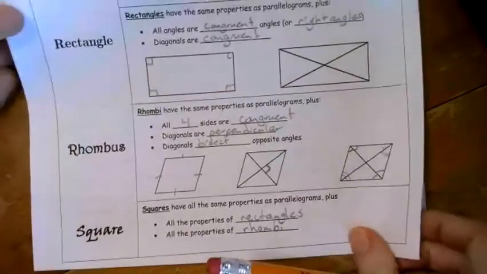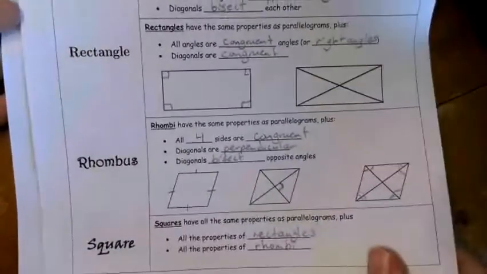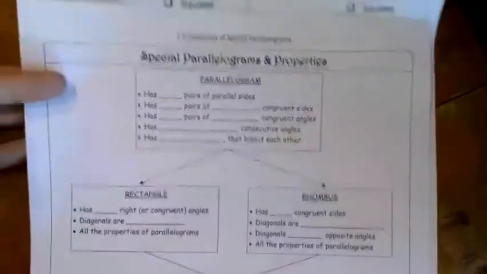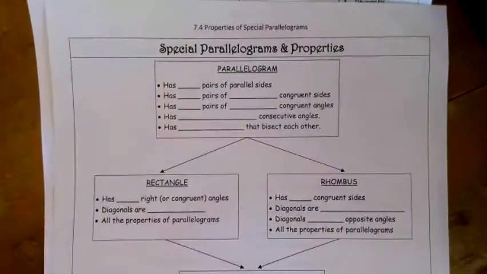So let's set up a chart. I'm going to flip the page over here because I think a chart can be really handy. It's a good visual of how we use these properties.